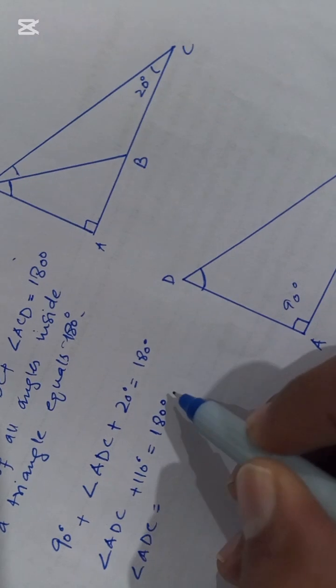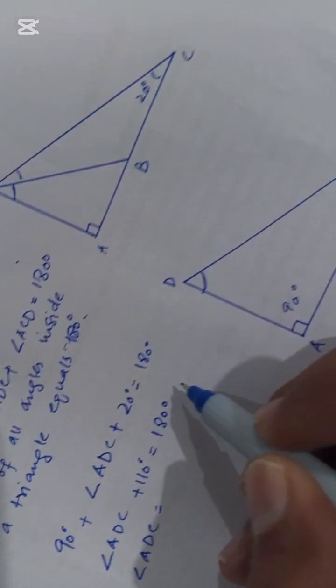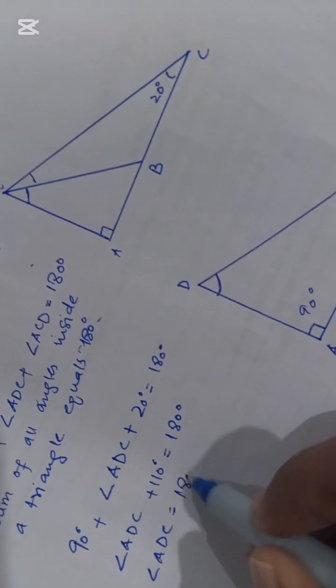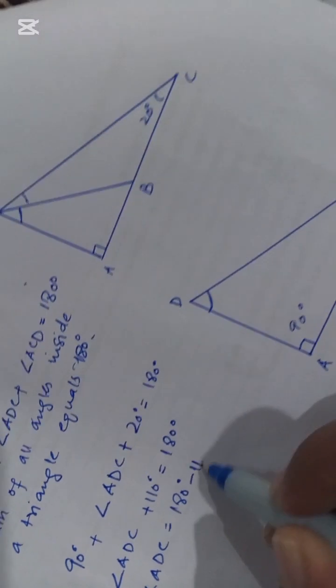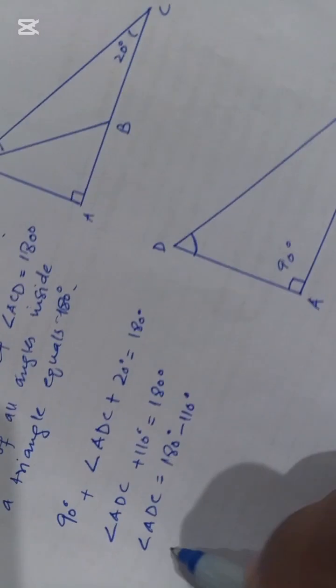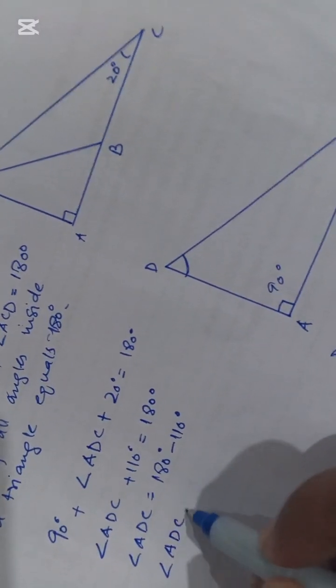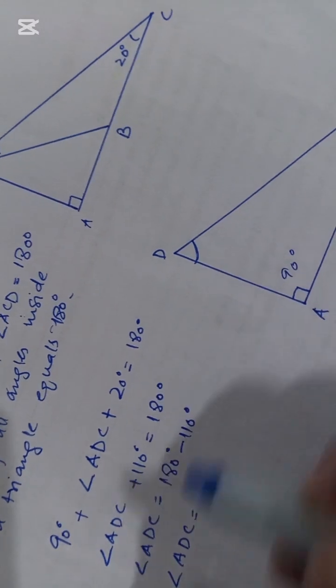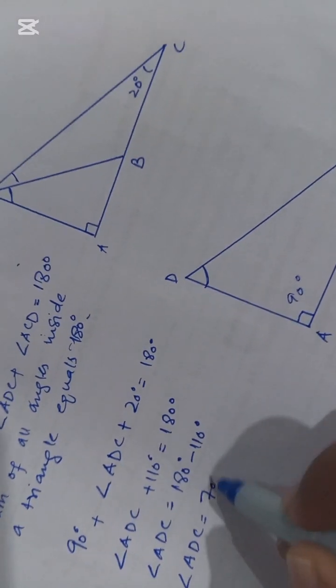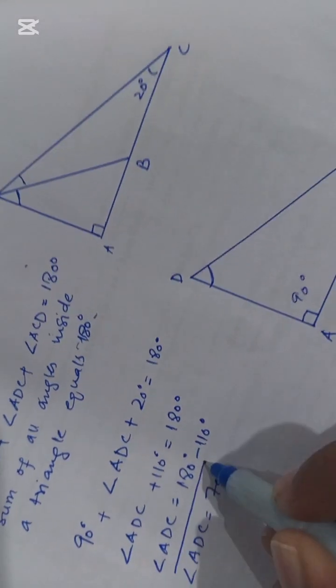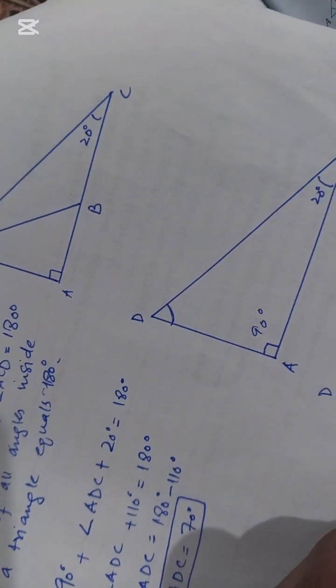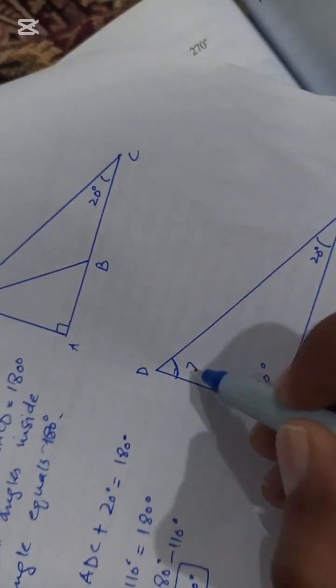And if I move this 110 to the other side of the equation, it will become negative, right? So 180 degrees minus 110 degrees. If you subtract 110 degrees from 180 degrees, it will equal 70 degrees. So this is the value of angle ADC. The value of angle ADC is 70 degrees.